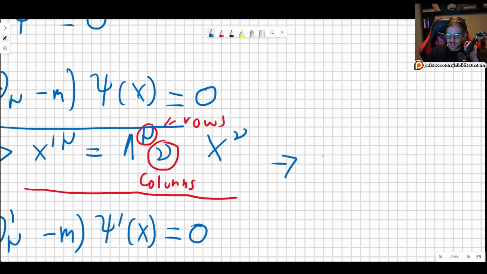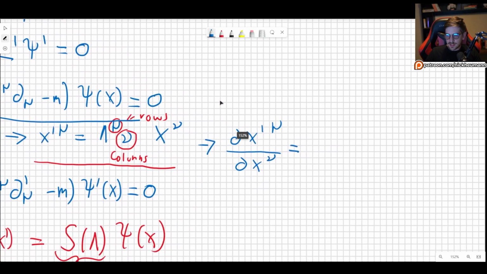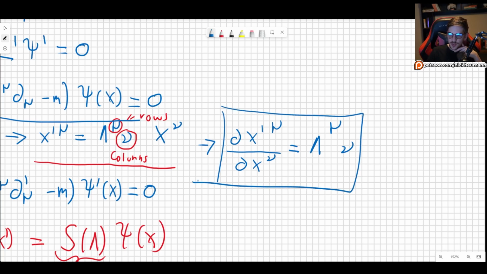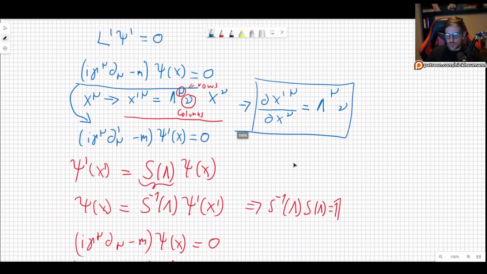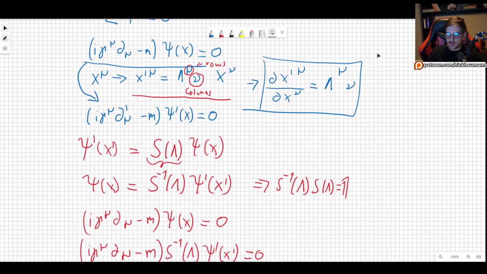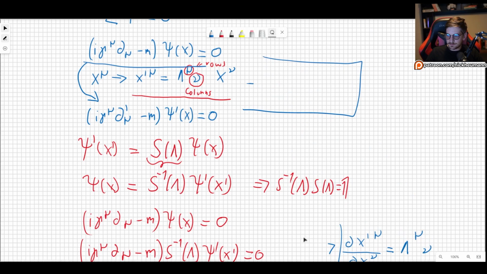On the left-hand side, we get dx prime^mu, derivative with respect to x^nu. Lambda here is simply a number, so it's not going to be affected by the derivative. This is lambda^mu_nu, and dx^nu over dx^nu is simply 1. So this is one way in which we can write lambda^mu_nu, and that's going to be very, very important. So let's take it with us, down here.